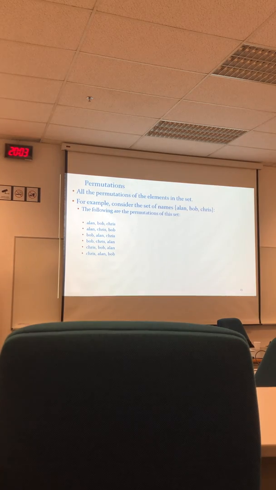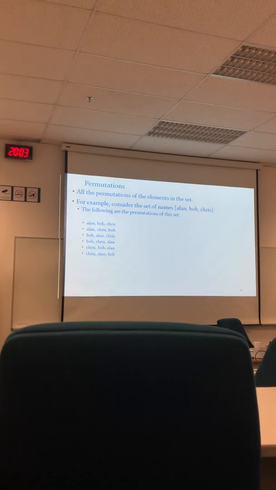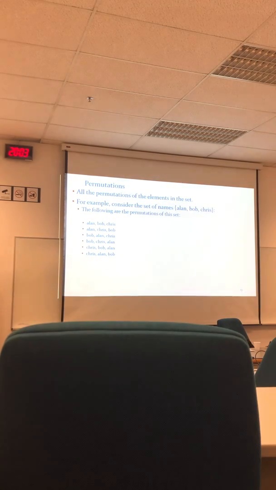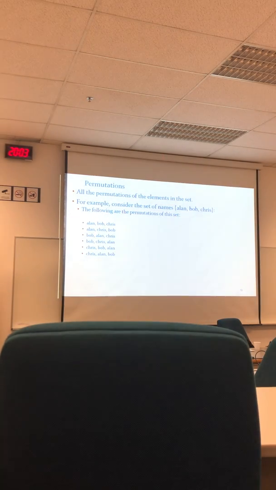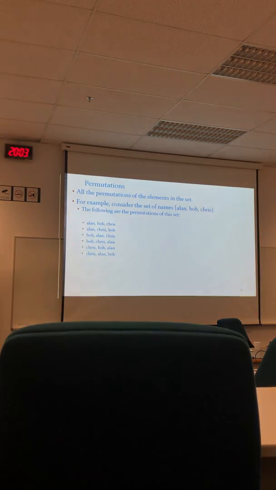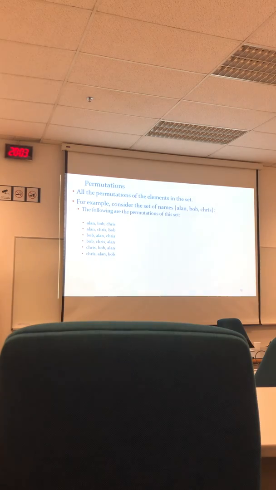Since we have 3 items, altogether there are 3 factorial ways to permute the 3 names. So these are the permutations of the 3 names.